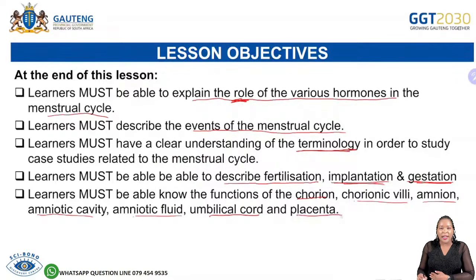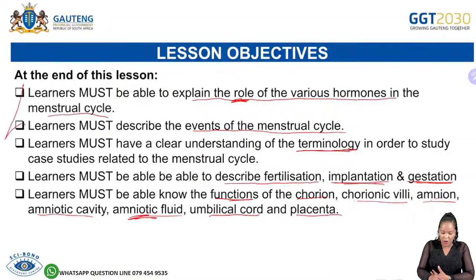So this is quite a lot of parts that you need to understand and know their functions. Also distinguish between the differences of these parts, because some of their names are almost similar. So you need to be able to say this is the amniotic cavity, this is amniotic fluid. You need to pay attention to those.